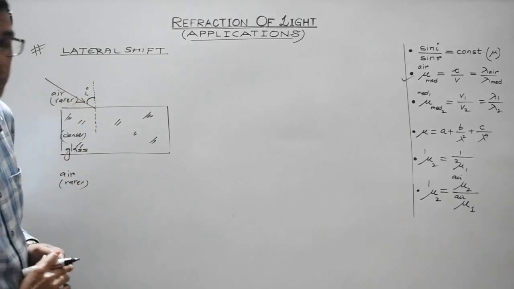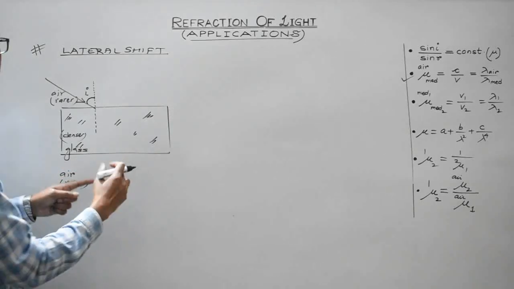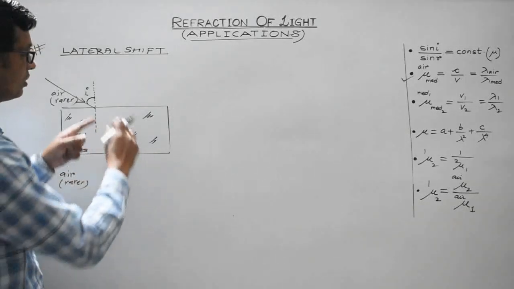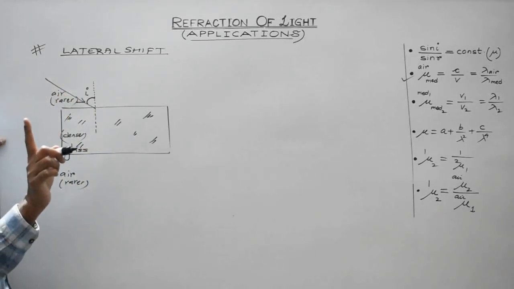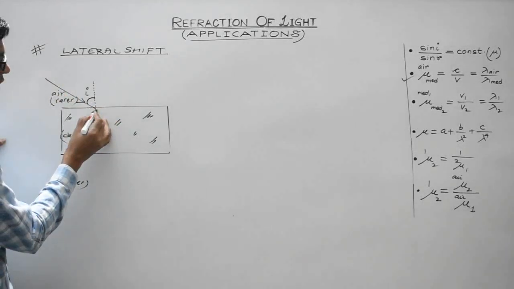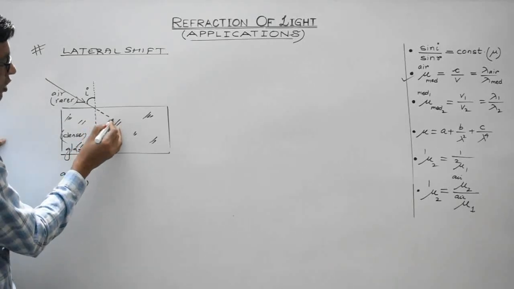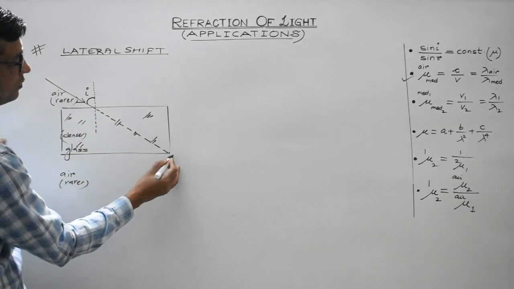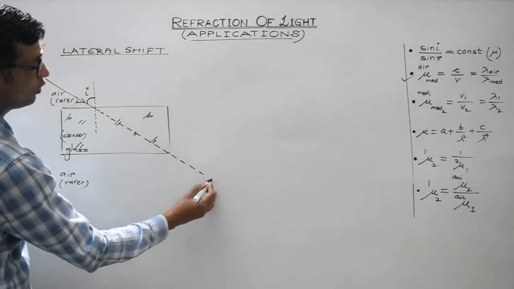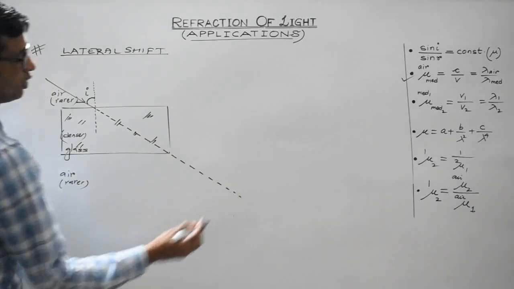Now suppose this glass slab is not present. Suppose it were absent. So in a particular medium, light would have travelled along the same straight path. So this dotted line indicates the incident ray when produced in the absence of any other medium. Light always travels along a straight path in a particular medium.